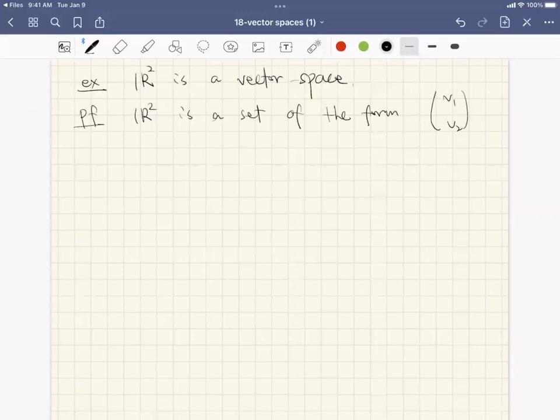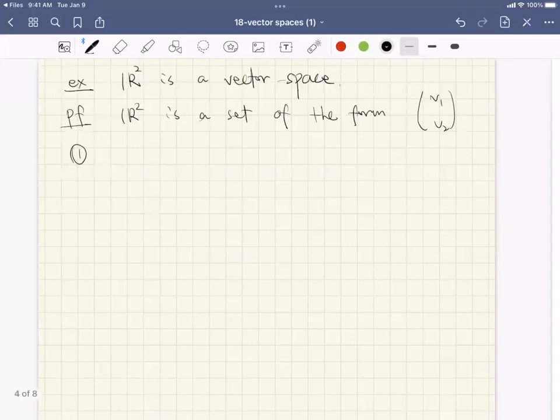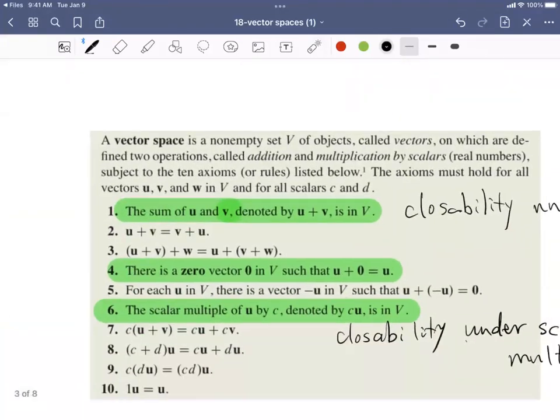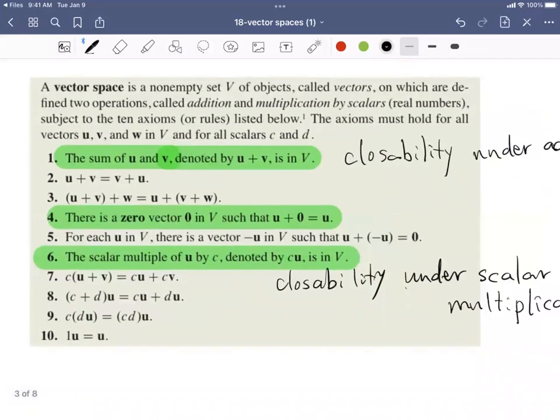And then we can go through each of those 10 rules. We're not going to go through every single one. We are going to check 1, 4, and 6, and the others you can check by yourself.